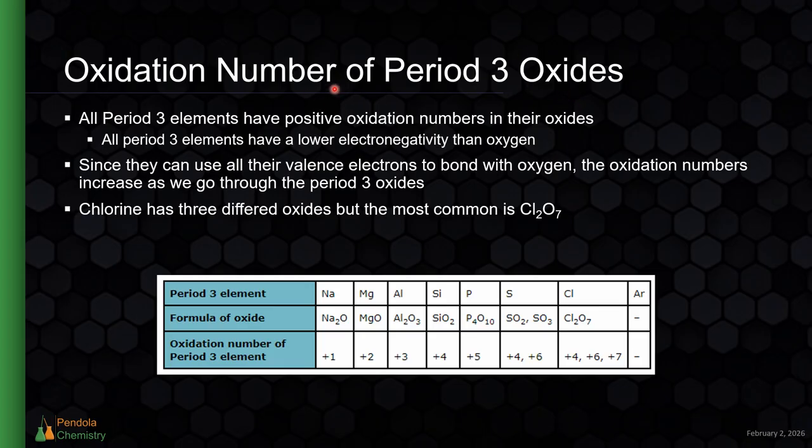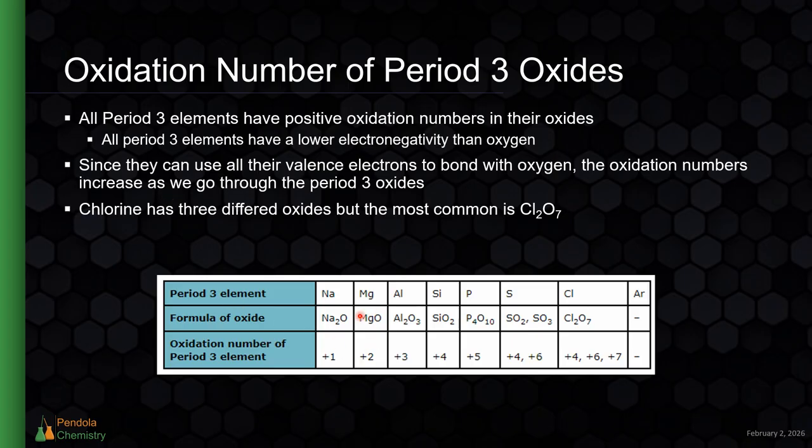And as we discussed in the redox chapter, the lower oxidation number, or the negative oxidation number, is always going to be given to the more electronegative element. That means that none of the period 3 elements, when paired up with oxygen, are going to be negative. They're all going to be positive. In fact, the only element that ever has oxygen have a positive oxidation number is going to be fluorine, which is the only element that's more electronegative than oxygen.